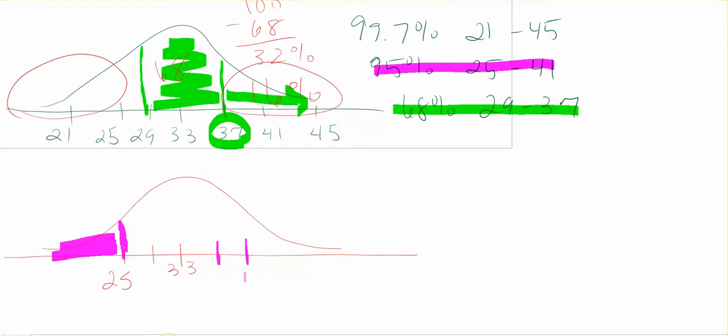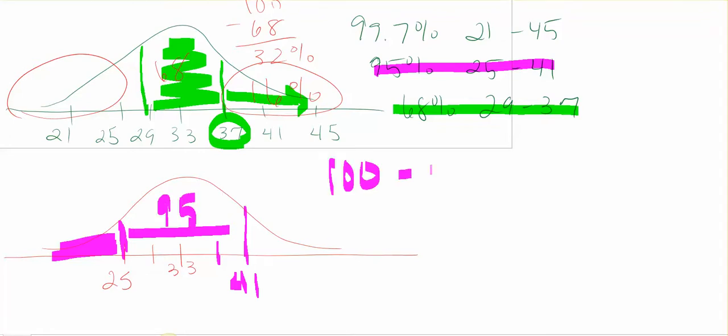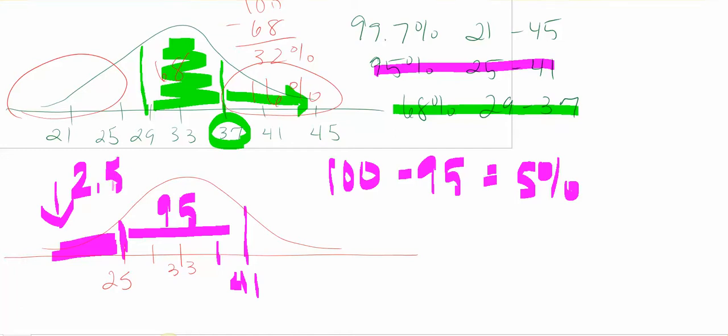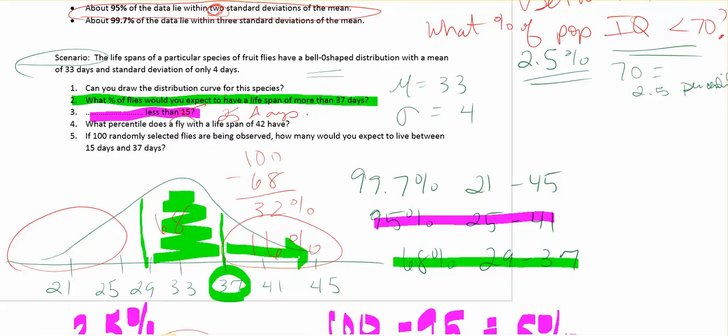So 2 tick marks above put me at 41, and I know between here and here was 95. Well, 100 minus 95 leaves me 5%. But you got to cut that in half. So this number right here is 2.5%. And now we know how many fruit flies would have a lifespan less than 25 days.